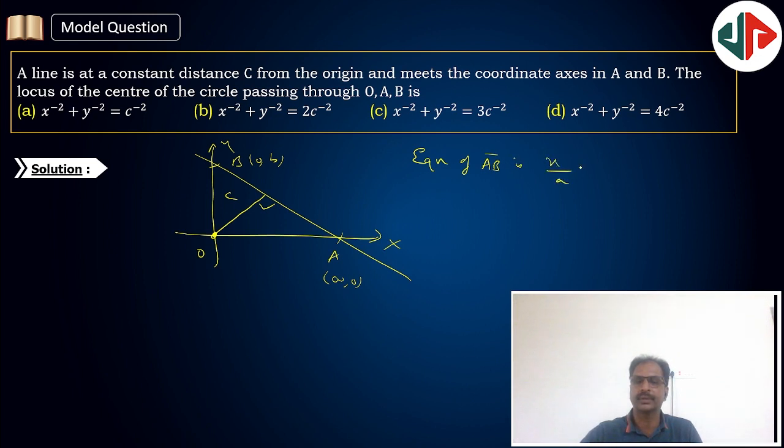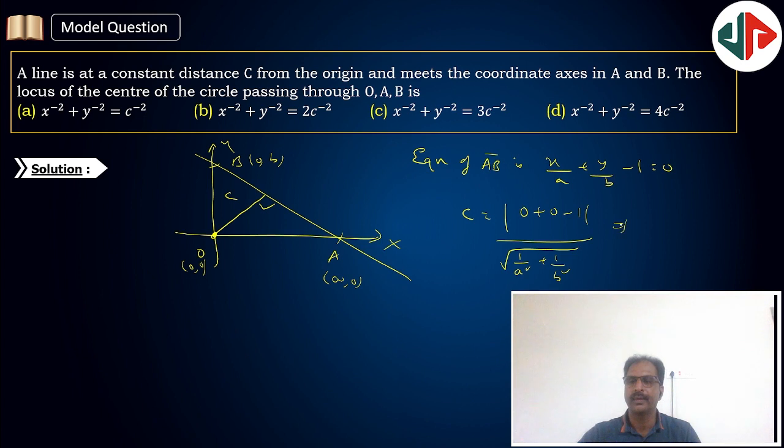X by A plus y by B is equal to 1. What is c given? Distance of this line from origin 0, 0. So what is distance of line from origin? 0 by A plus 0 by B minus 1 by under root x coefficient whole square plus y coefficient whole square. From this, 1 by A square plus 1 by B square is equal to 1 by C square.